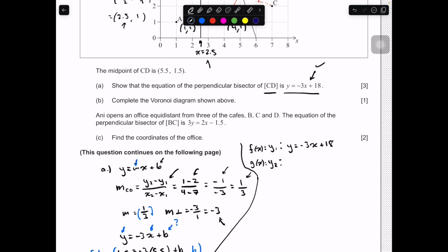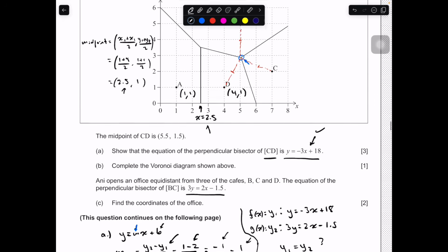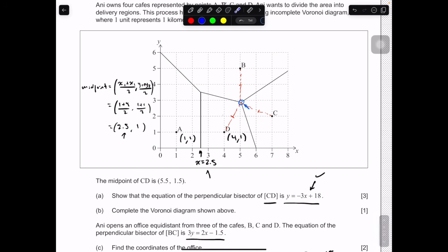So if we know y2 is given by this equation, 3y is equal to 2x minus 1.5, the question is, where does y1 equal y2? That's going to be where they meet. So this line and this line. If we can find out where they meet, then we'll be good.